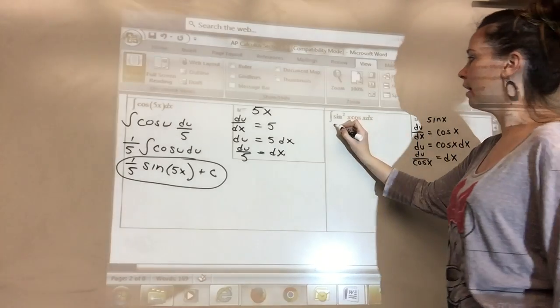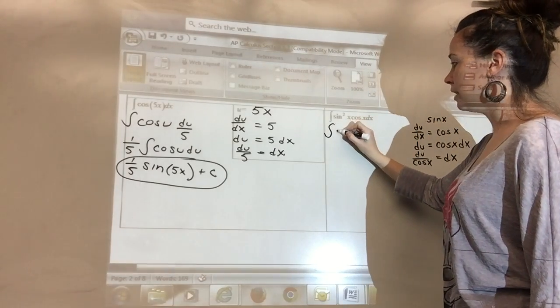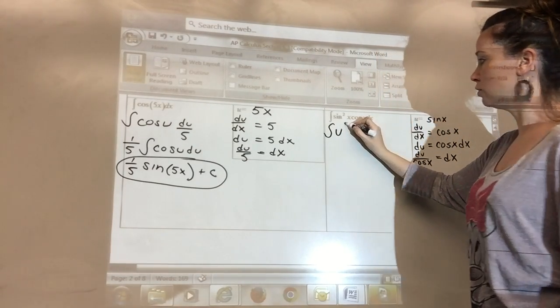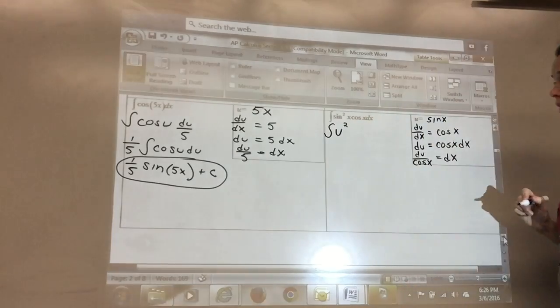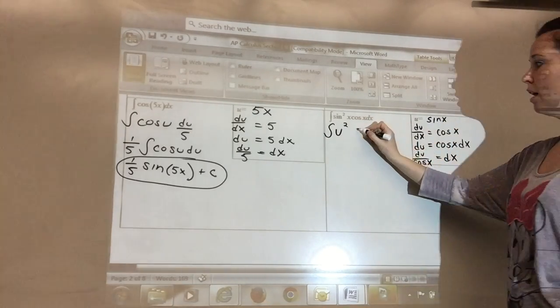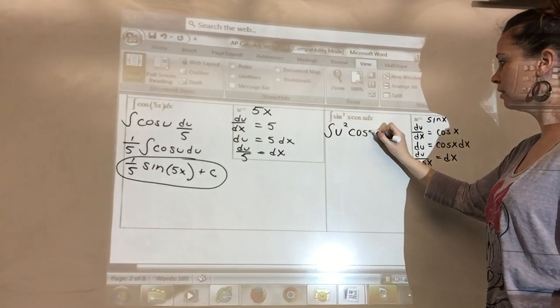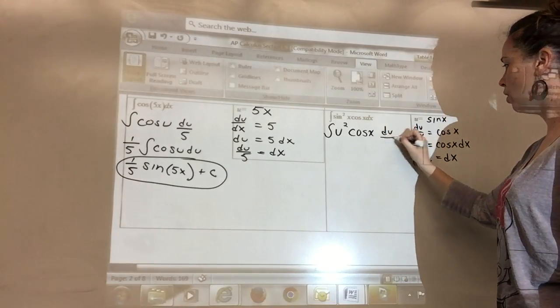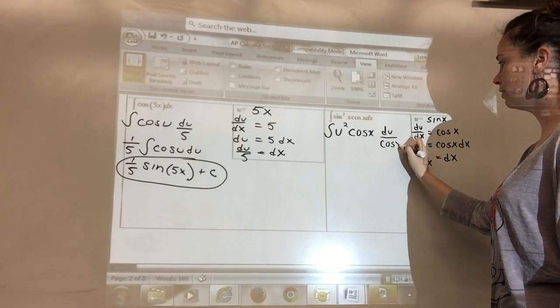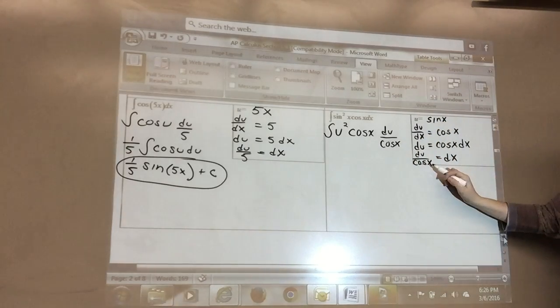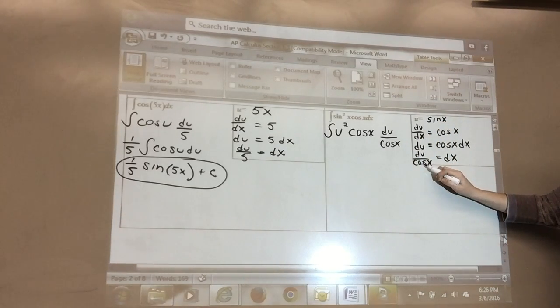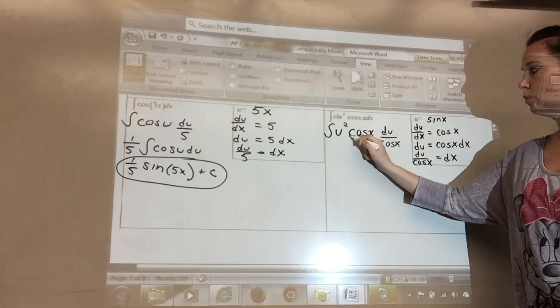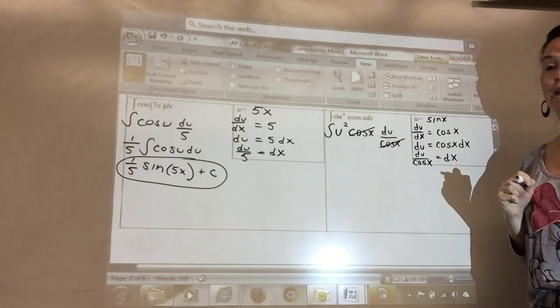Okay, so check this out. This is now, the sine is u, squared, because I have two of them. I still have this cosine of x, but dx is du over the cosine of x. And that's what I was anticipating to happen. I knew that would end up in the denominator, which is what would work out nicely for me here.